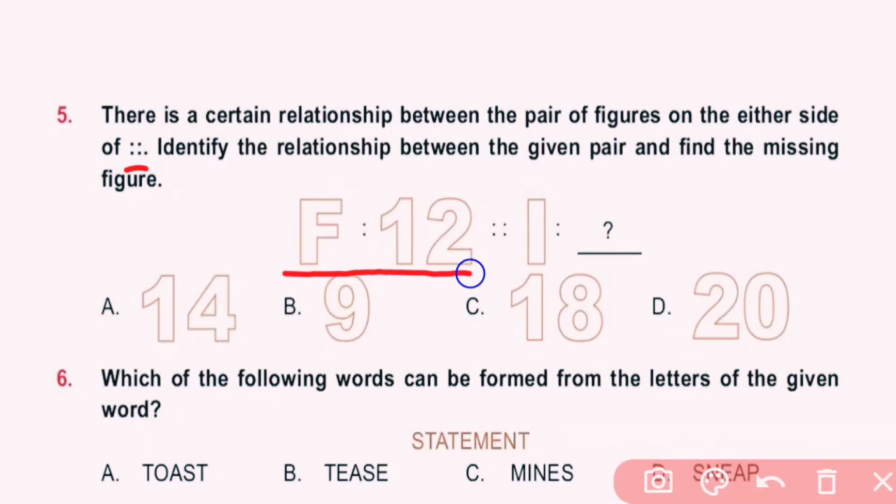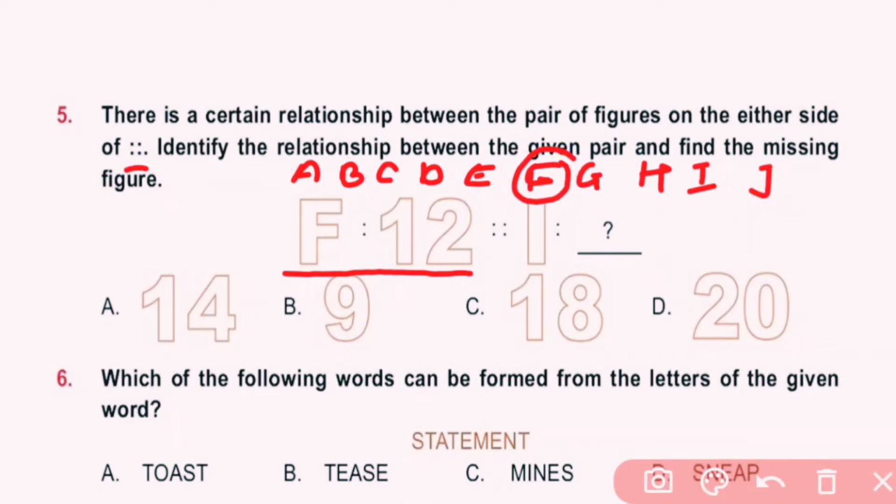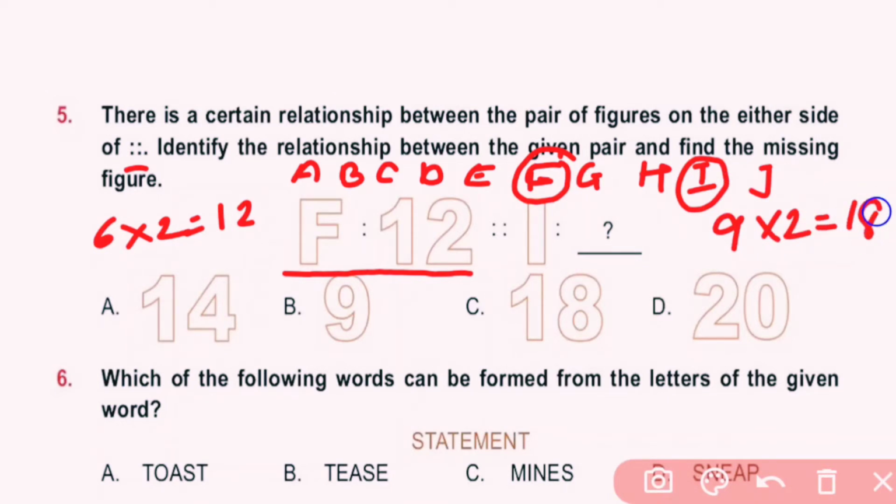In alphabetical order, A, B, C, D, E, F, G, H, I, J. F is a 6th letter and 6 into 2 is equal to 12. So I is a 9th letter and 9 into 2 is equal to 18. So C is the right answer.